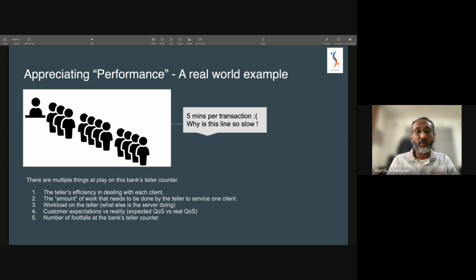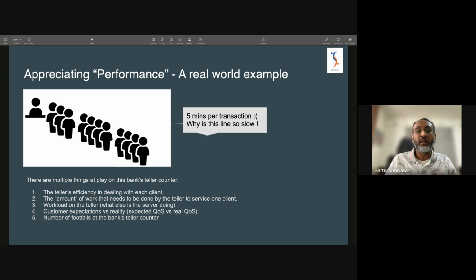That could be one of the problems, which means the workload on the teller is higher than the usual things we expect the system to be doing, versus what we see in reality as the queue pans out. Then there is customers' expectation versus reality. Sometimes I expect that my ticket should be delivered to me in 20 seconds, but there is a whole series of steps involved: checking availability, making sure the source and the destination are matching up, making sure the fare is collected and deposited, and the ticket print has been given to the customer.